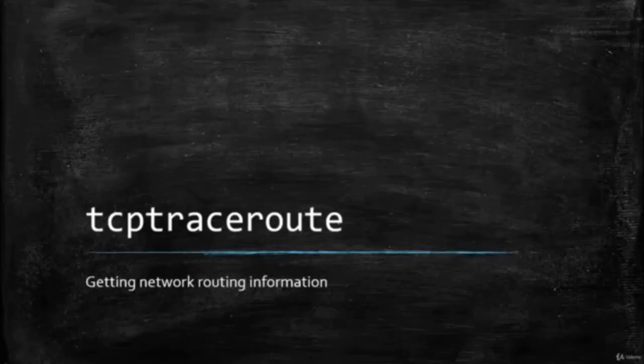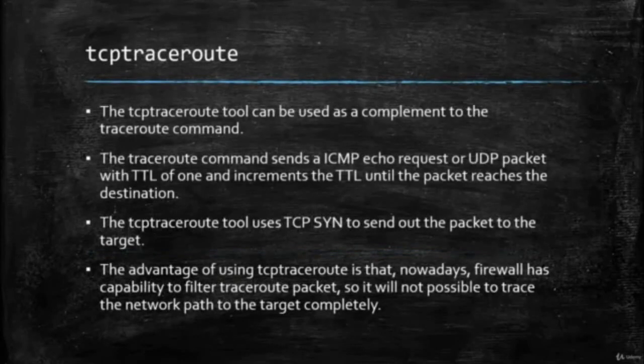TCP traceroute command: getting network routing information using the TCP traceroute command in Kali Linux. The TCP traceroute tool can be used as a complement to the traceroute command.